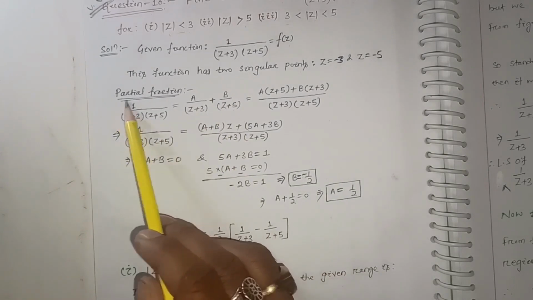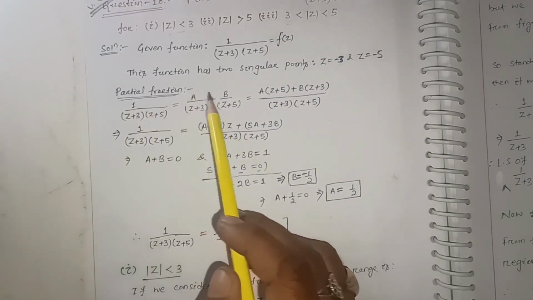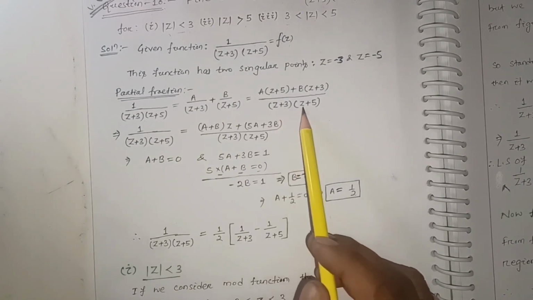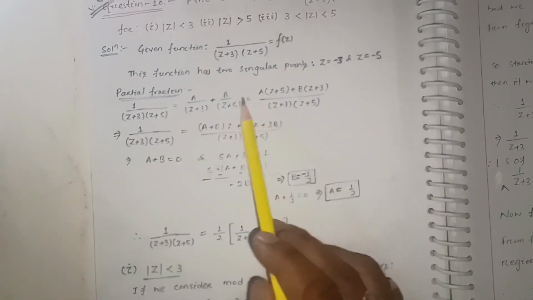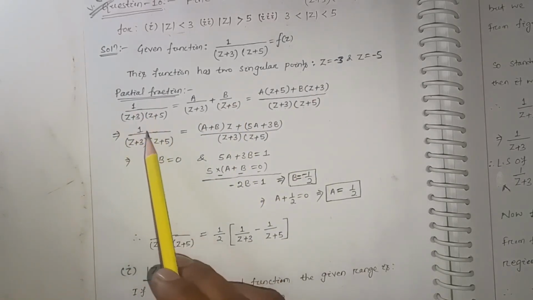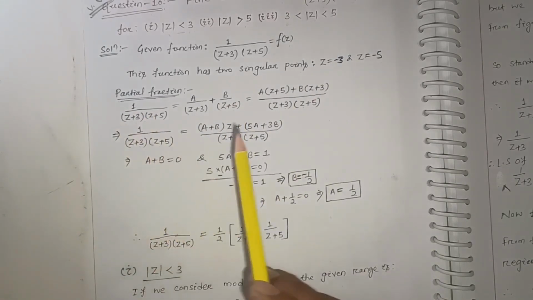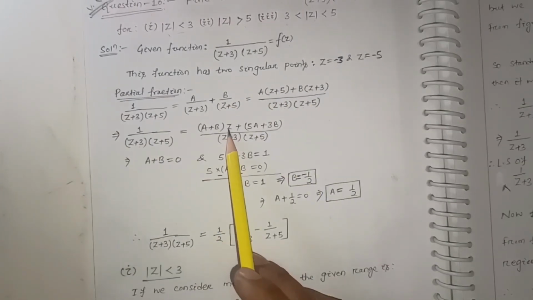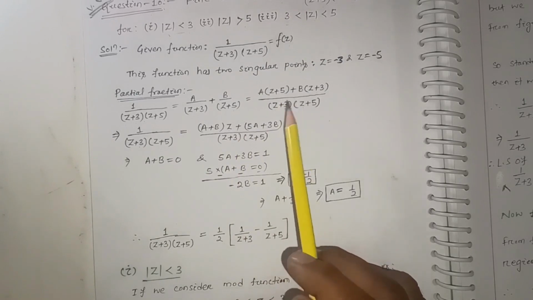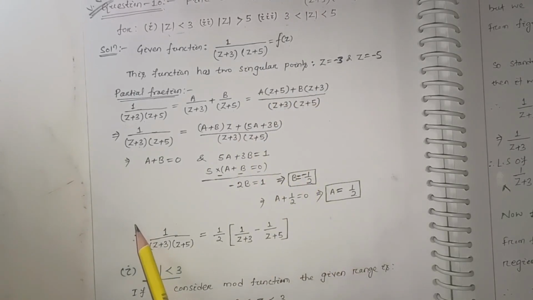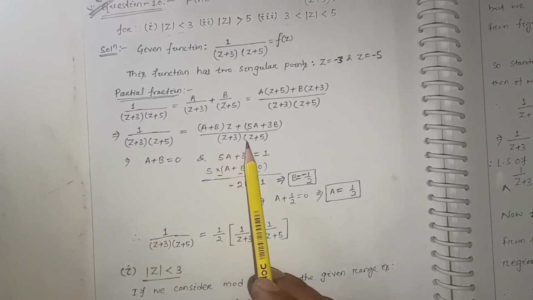For the partial fraction we need to find the values of A and B. Adding these two terms, we get (z+3)(z+5) in the denominator, and the numerator will be A(z+5) + B(z+3). That implies 1/((z+3)(z+5)) equals (A+B)z + (5A+3B), over (z+3)(z+5).